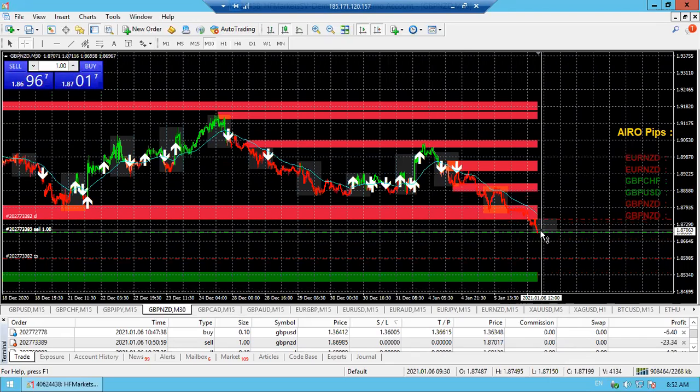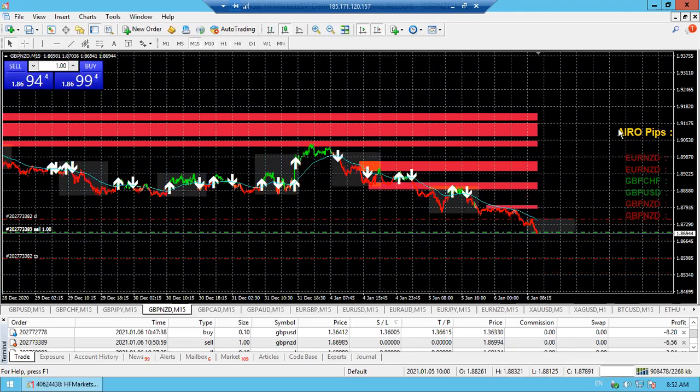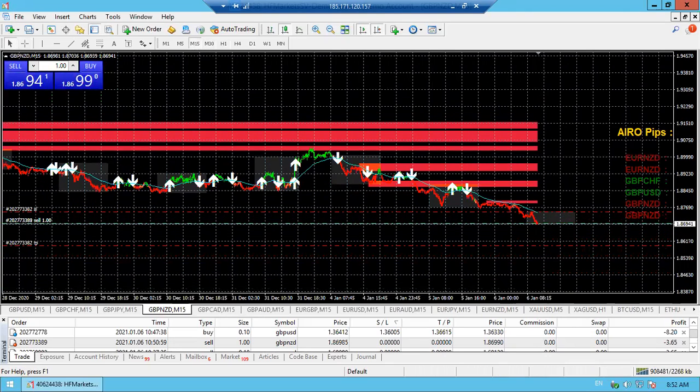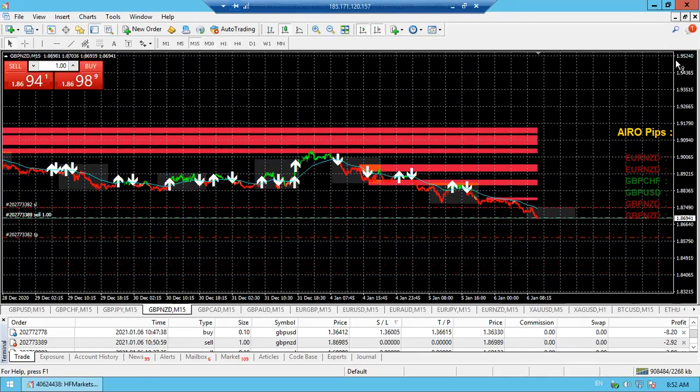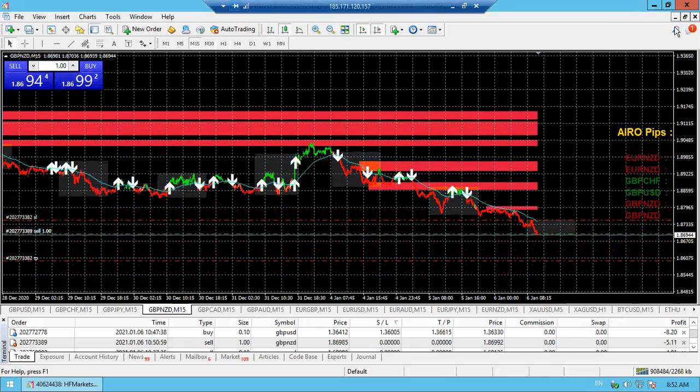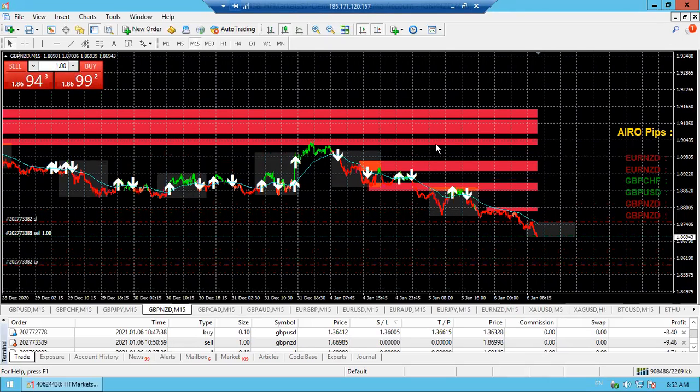So if I move it from here, it is 151 pips. I'll go down to 15 minutes and I try to find a support level. None to be found. So we're good to place that trade for a sell.